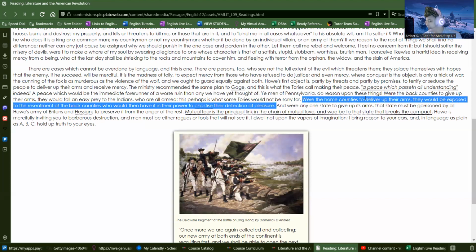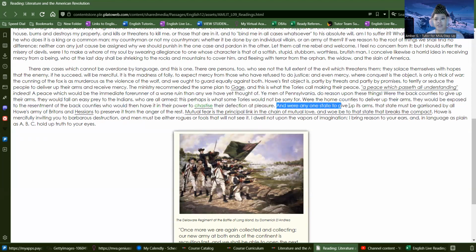So if you have one county that's given up all their weapons and all the counties around them still have theirs and they're still trying to fight the British Army, that's probably not going to work out well for the county that gave up their weapons. So you're making the area weaker for people who want to fight. And usually people don't take that very well. So that also is a thing to think about.